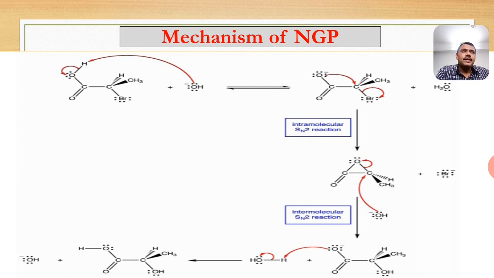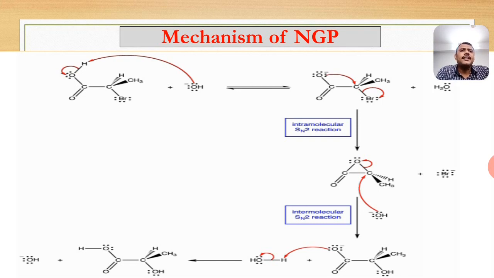Thus the nucleophilic substitution has taken the help of neighboring group participation and there is no rearrangement involved. This is the detailed mechanism of neighboring group participation.